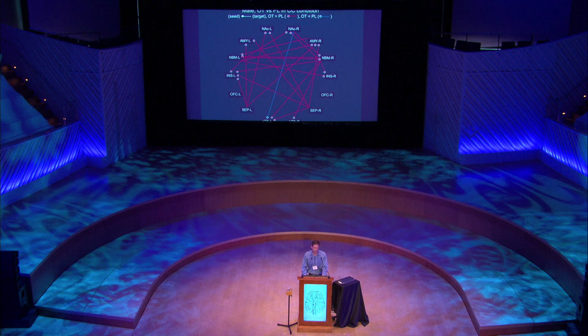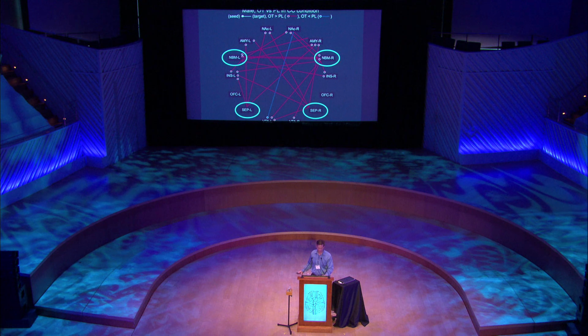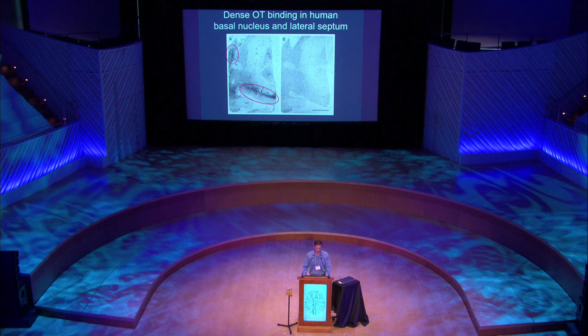And the two nodes of the network with the largest number of modulated connections are the nucleus basalis and the lateral septum. And these areas are of interest because we know that they're two areas that have a very high density of oxytocin receptors in the human brain.